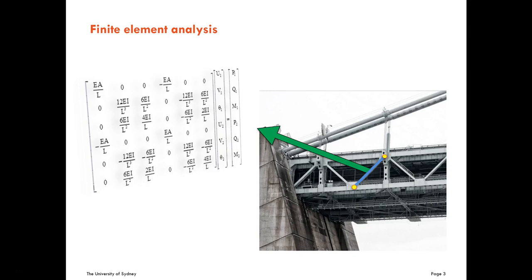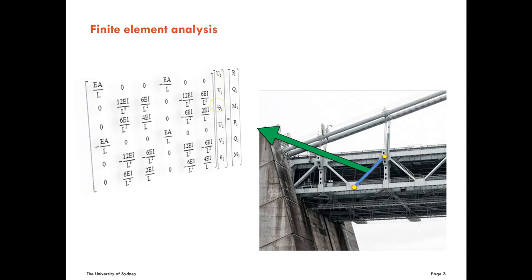For 3D, you are going to have a similar matrix. So in this case, for each node, you are going to have 3 degrees of freedom in 2D. So these 2 degrees are the displacements of the nodes, and this one is related to the rotation of the cross-section at the nodes.